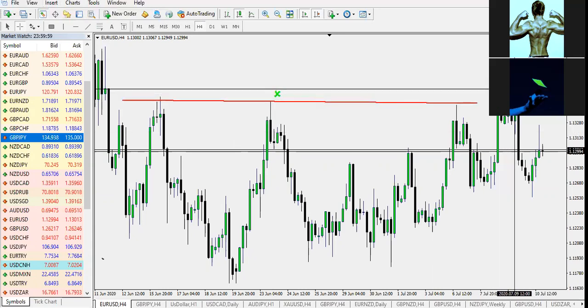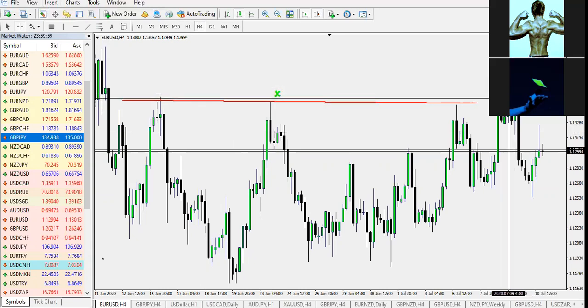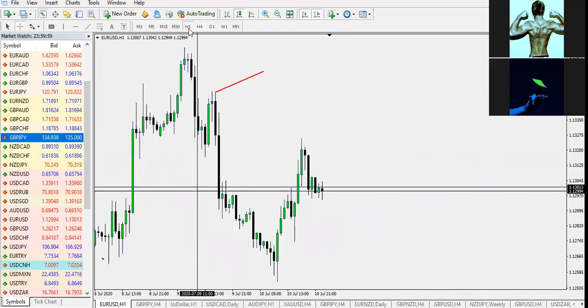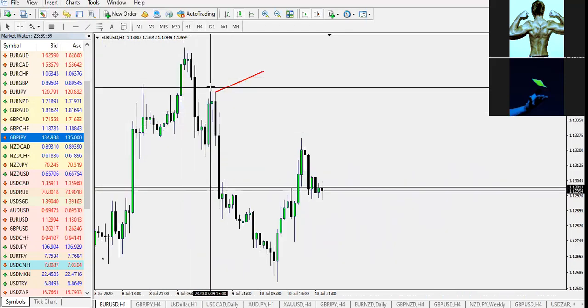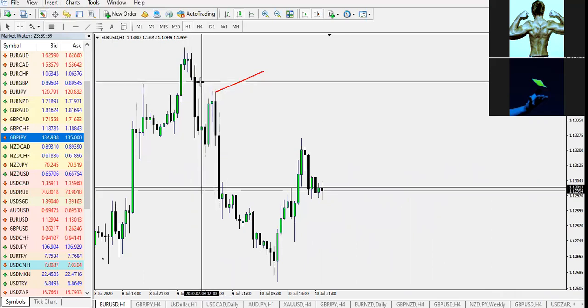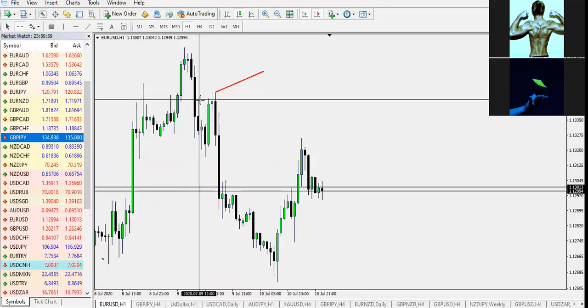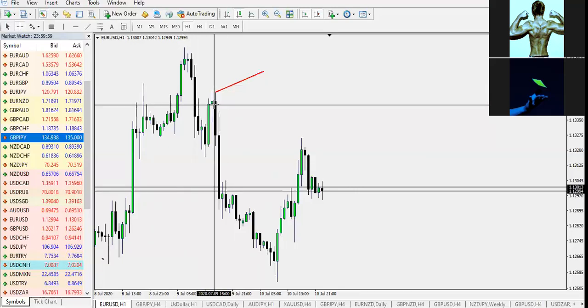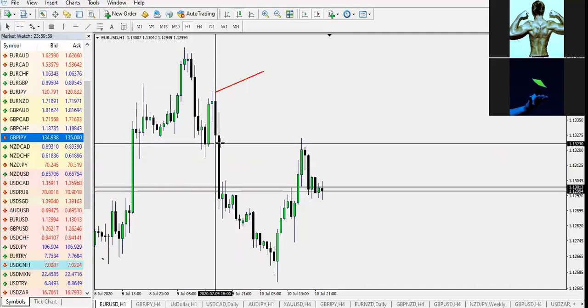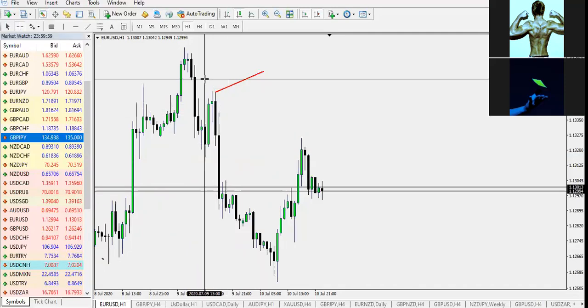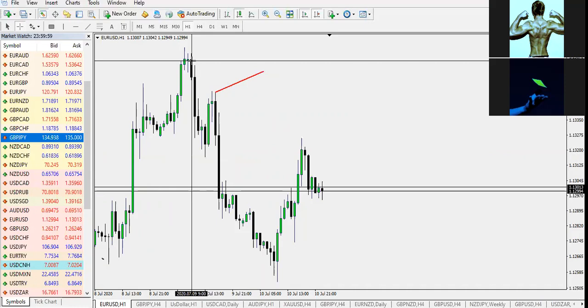Okay, now I didn't immediately sell from over here. I waited for price to go down and then show me that it wants to go down again by coming and retracing into an additional sell zone. So like you said, you like to trade fair value gaps or liquidity voids. Now there's a reason that those are so special.